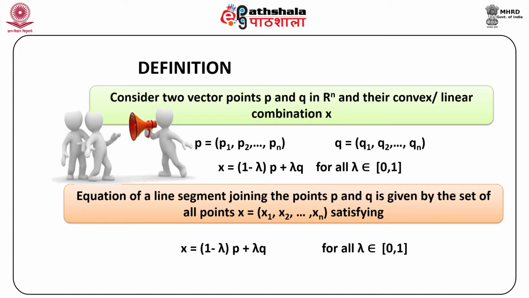The equation of a line segment joining the points P and Q is given by the set of all points x equal to (x1, x2, till xn) satisfying x is equal to (1 minus lambda) times P plus lambda Q for all lambda between 0 and 1.